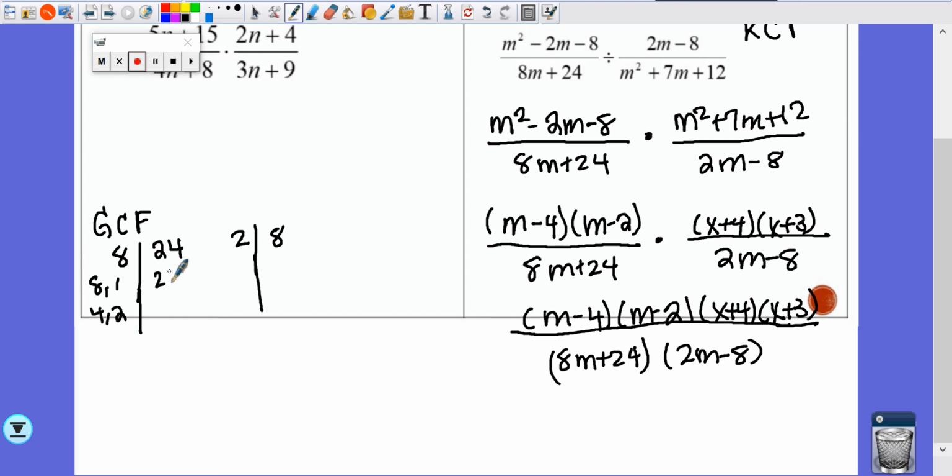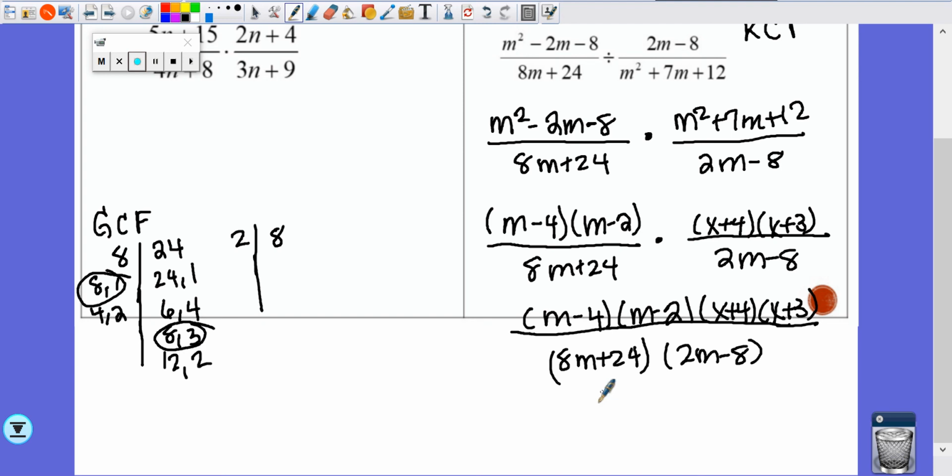And remember, if you miss factors, just go to Google and ask what are the factors of 24? What are the factors of 8? Okay, I think I got them all. So it looks like the biggest number they have in common is 8.